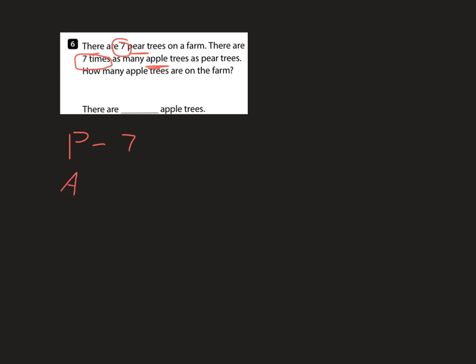We have apple trees is 7 times as many as pear trees, which is 7. All right, so we have our equation with our variable, our unknown value. Apples equals 7 times as many as 7 pear trees. So 7 times 7 will equal 49. I know there's 49 apple trees.